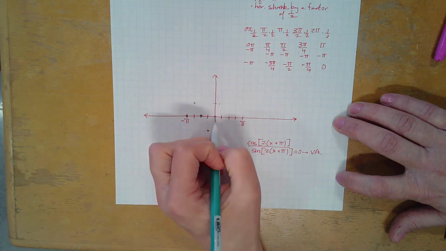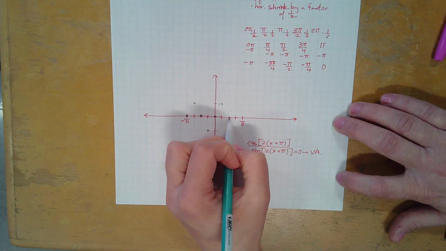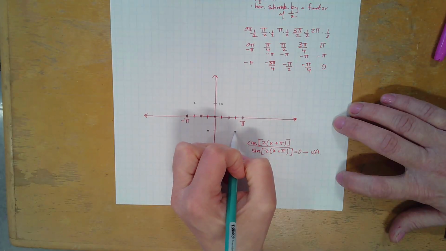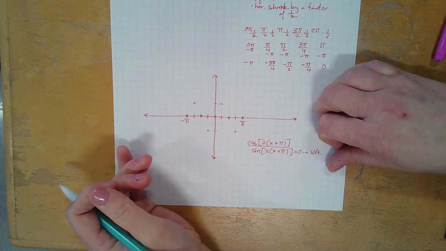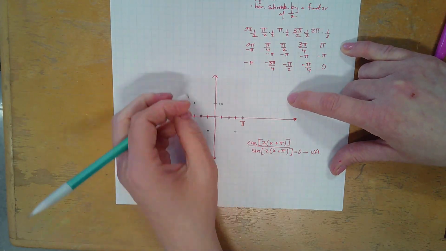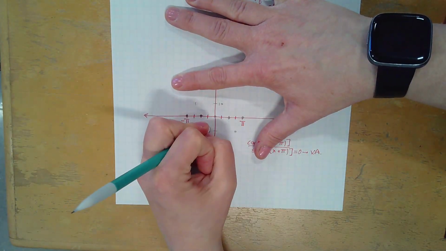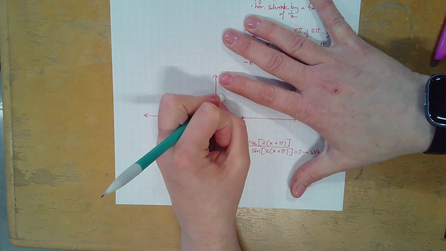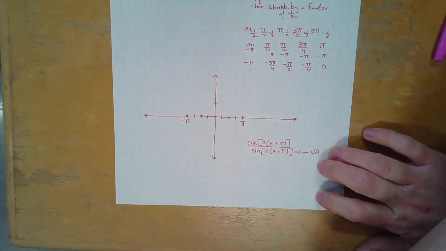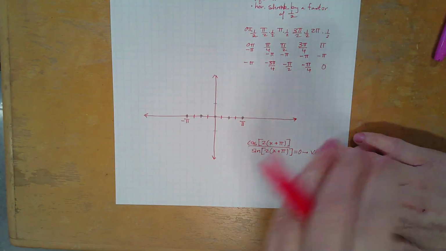I'm going to do another forward period. So max to center line to min to center line. Now, I'm using my pencil because I'm going to erase some points here. I don't really care where sine is at the max or the min. I'm only concerned with using sine to help me figure out where cotangent is going to be undefined.